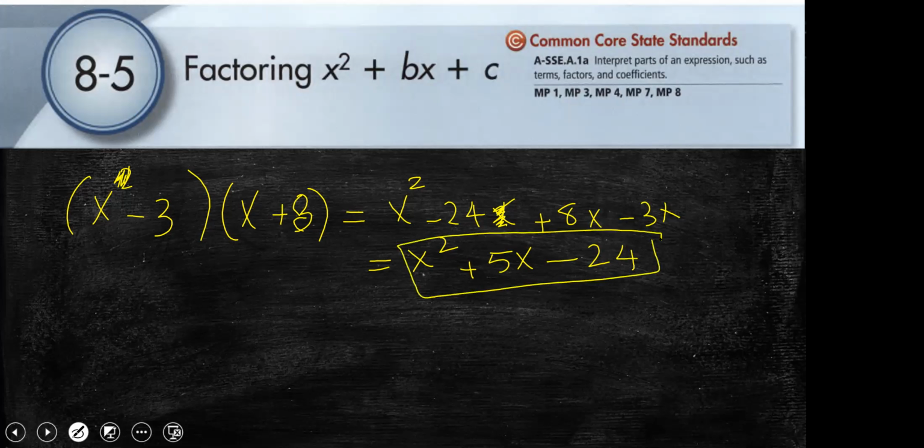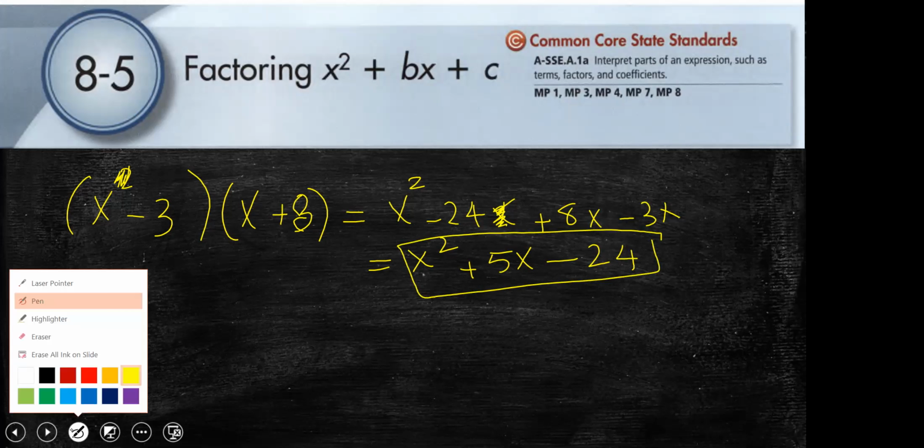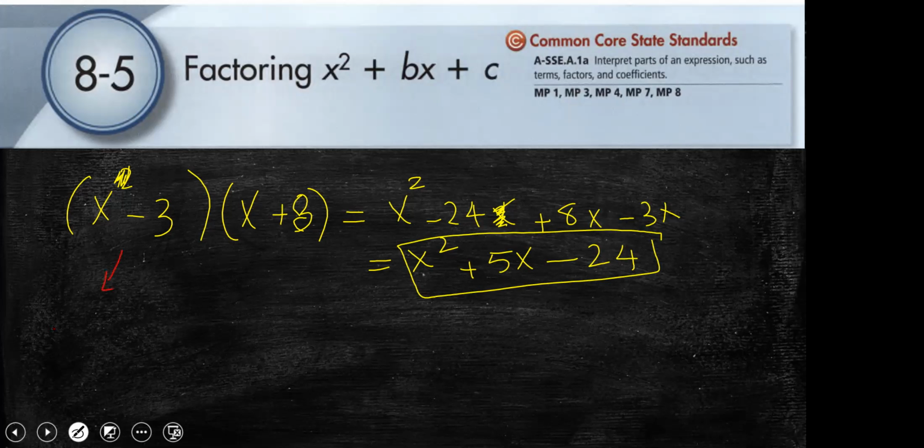So these two binomials, we call them factors. This one is a factor, and this one also is a factor. Now, multiplying these two factors, I will get this trinomial.